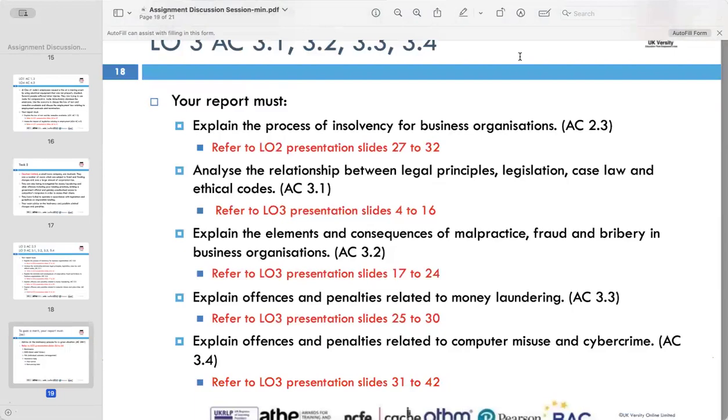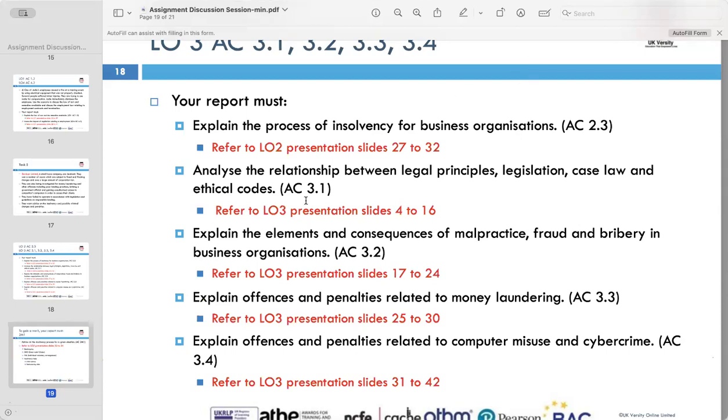So, explain the process of insolvency of business organizations. Discuss the stages and legal procedures that businesses go through when facing financial disasters or problems, covering aspects such as administration, liquidation, and potential restructuring.